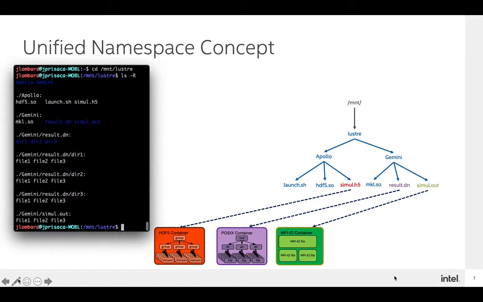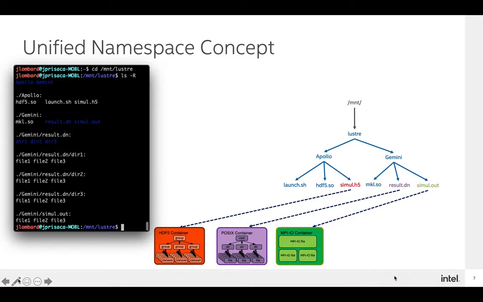So from a user standpoint, this is really aiming at simplifying things by having a single tree where you can have all your traditional binaries and files stored on Lustre, sitting next to your DAOS container, and being able to manage them under a single directory.